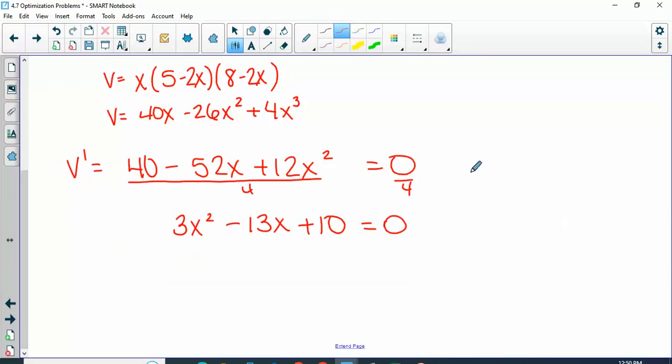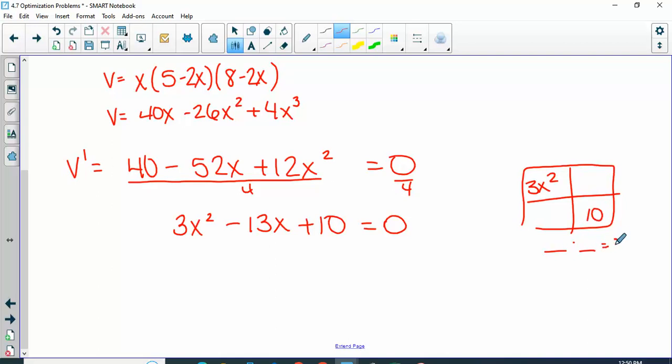What do we do now? So they need to multiply to 30 and add to negative 13. Wouldn't it just be negative 10 and negative 3?